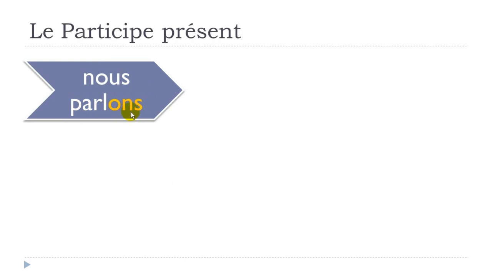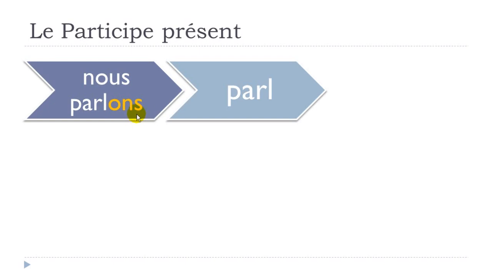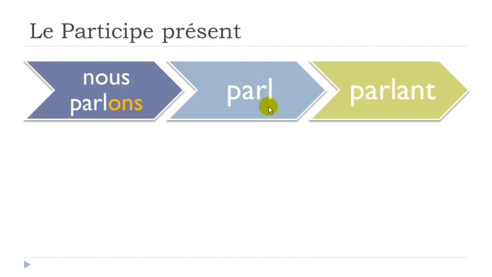If you remember, this ONS ending is usually the ending for nous, so first you need to spot it, then you take it away. So we keep this P-A-R-L part, and at the end we will add A-N-T. So we get here this participe présent form.